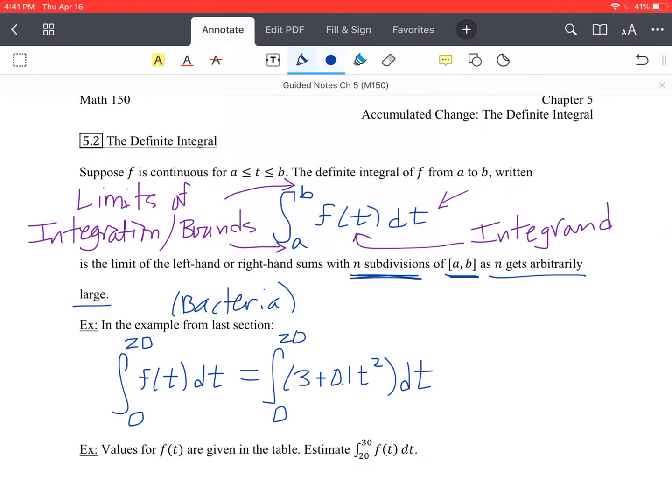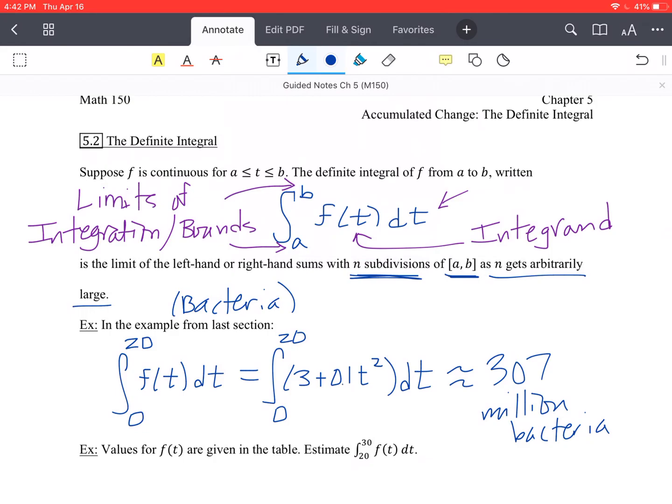So here we have our integral of 3 plus 0.1 t squared dt from 0 to 20, and we saw in the previous section when we did this example that this was approximately 307 million bacteria. That was the closest approximation we got, 307 million.